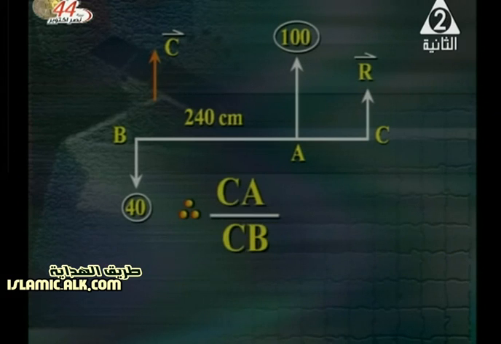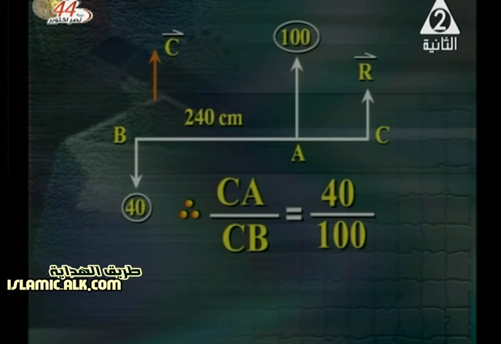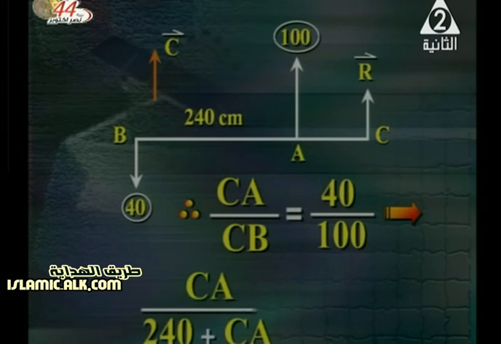Therefore, CA over CB equals what? 40 over 100. The ratio between CA and CB equals F2 over F1. By substitution, look at CB: CB in the graph equals AB plus AC, and AB equals 240, so CB equals 240 plus CA.